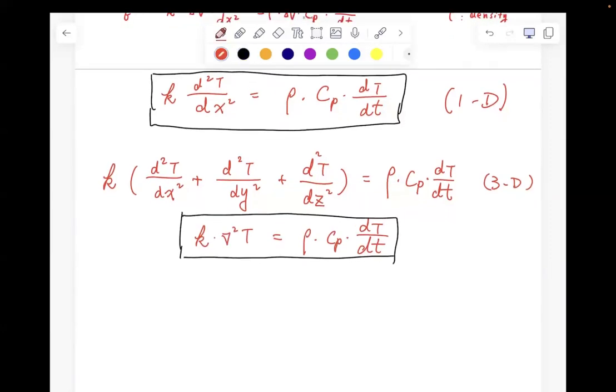And one thing here we can rewrite is we can move the density and the specific heat to the right side. And then if we define this as a combined parameter, it's called thermal diffusivity.